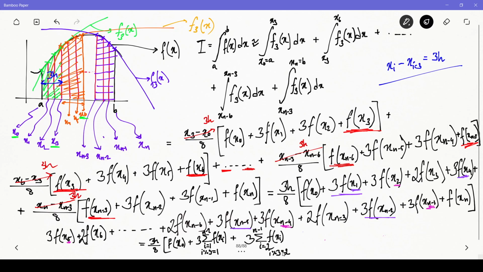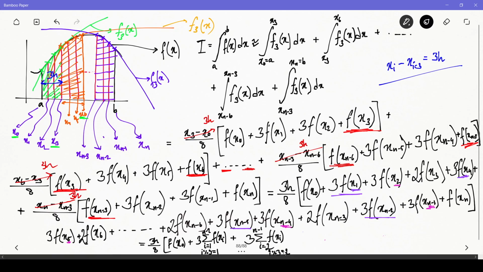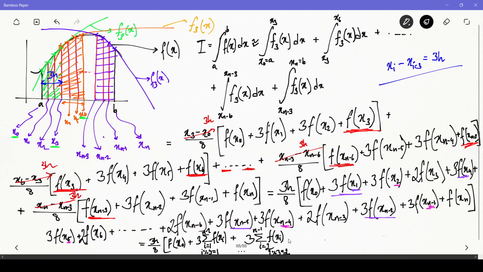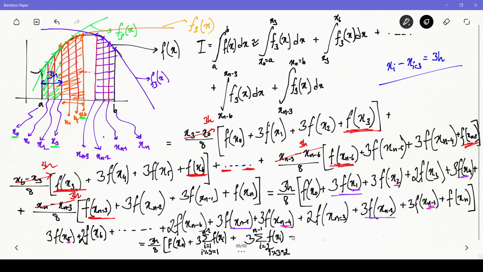In other words, i mod 3 has to be 2. I'm running out of space yet again, so this thing is i mod 3 equals 2. That's the condition.